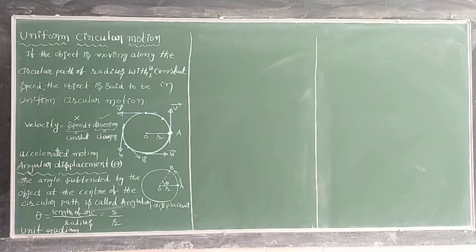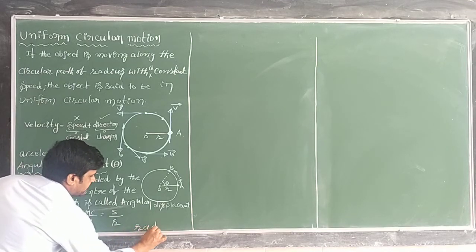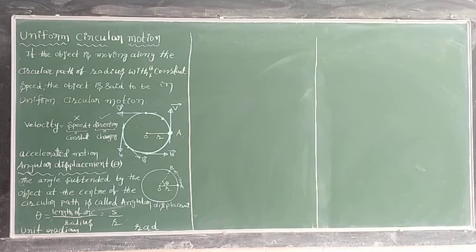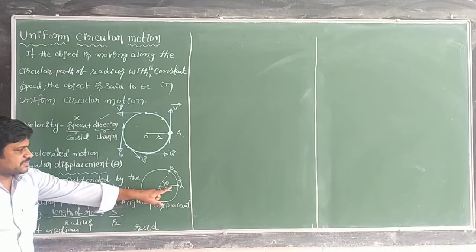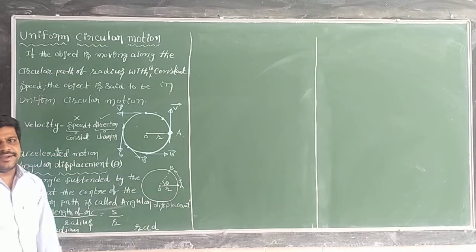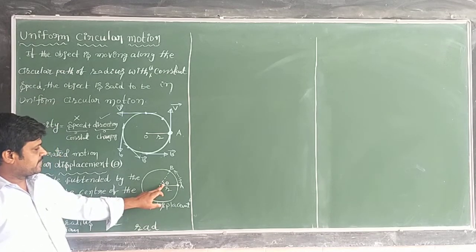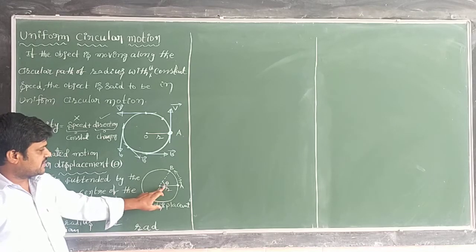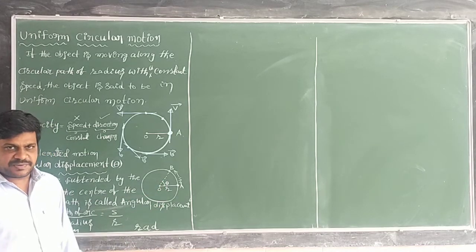Angular displacement is the angle subtended by the object at the center when the object moves from one point to another on the circular path.